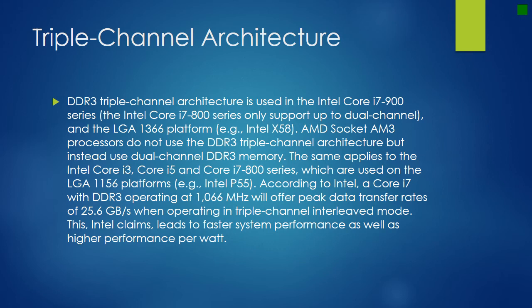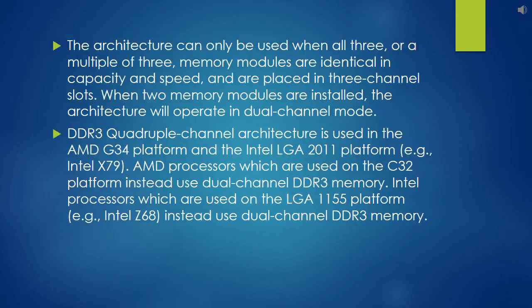According to Intel, a Core i7 with DDR3 operating at 1066 MHz will offer peak data transfer rates of 25.6 gigabytes per second when operating in triple channel interleave mode. Intel claims this leads to faster system performance as well as higher performance.